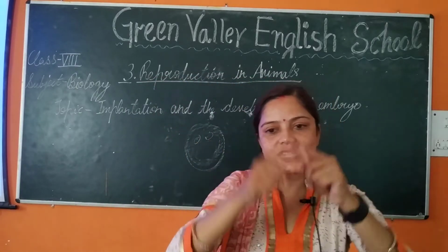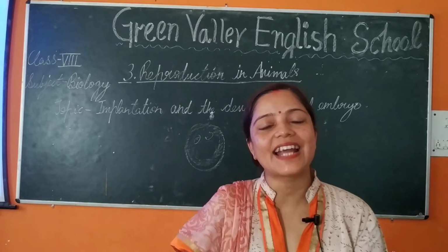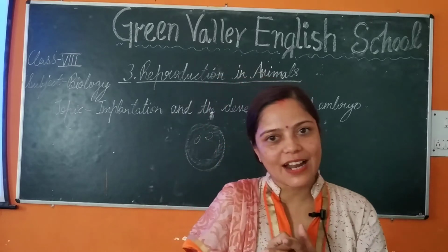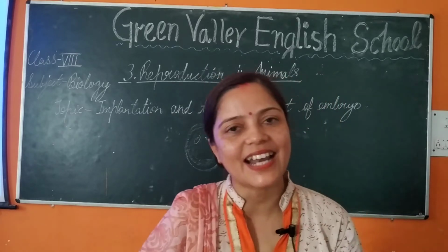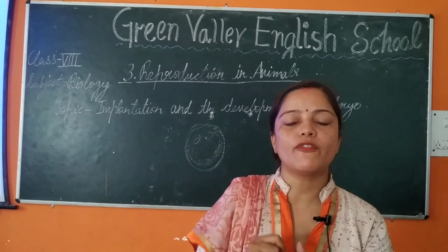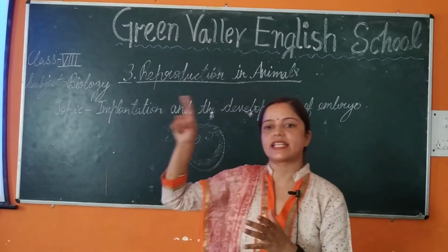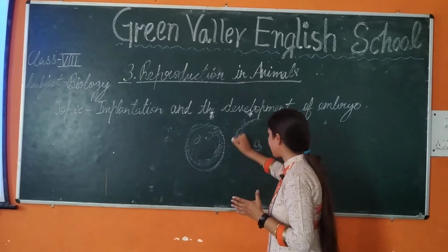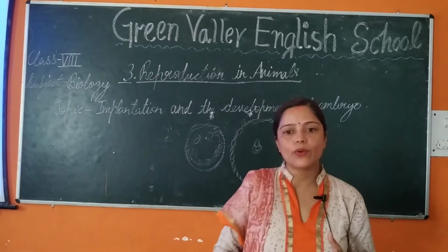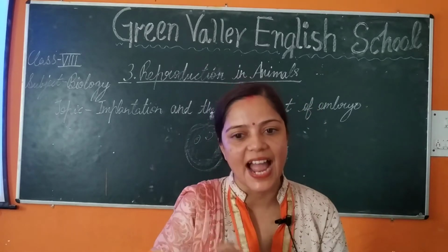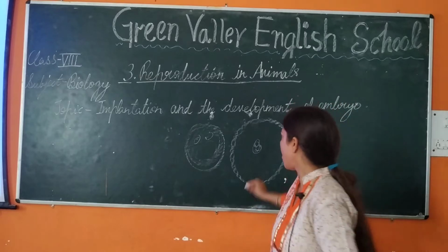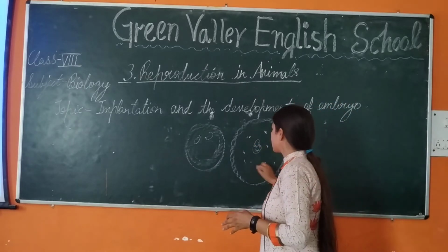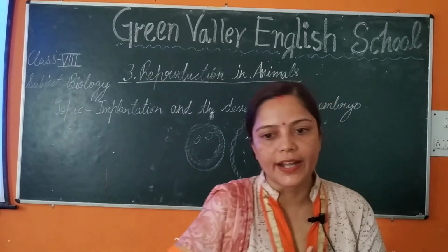The embryo is surrounded by a sac-like membrane. How is it surrounded? It is surrounded by a sac-like membrane filled with a fluid. Suppose that this is the embryo. It is surrounded by a sac-like membrane which is all filled with fluid.